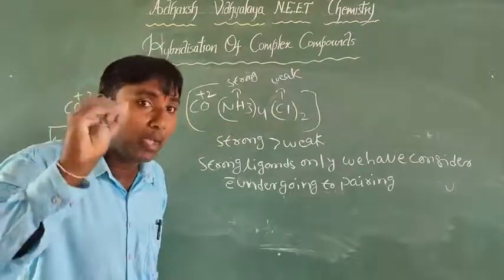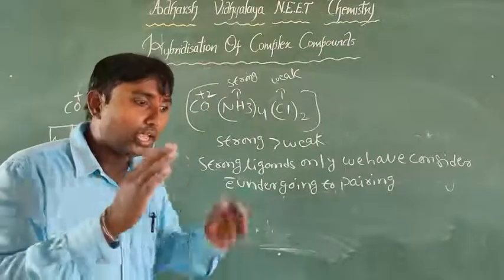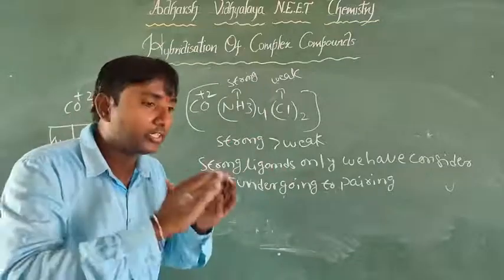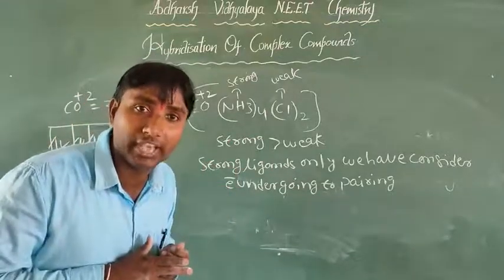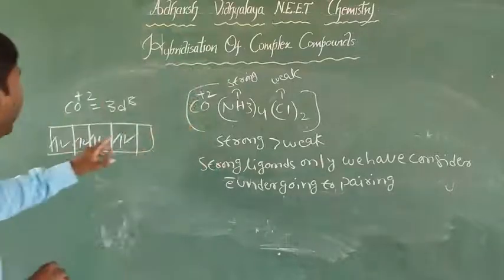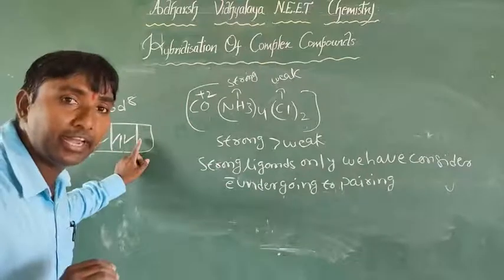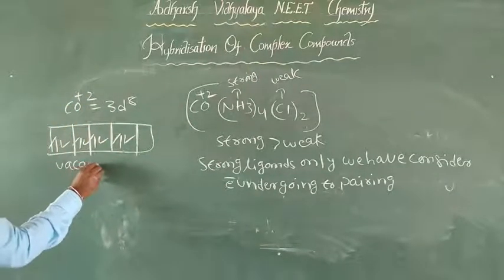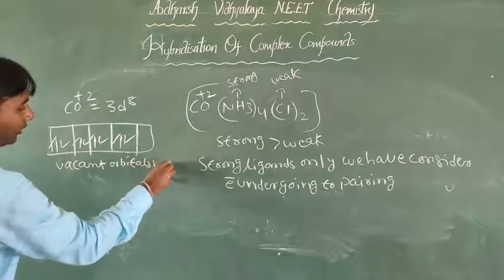So remember one important point: in hybridization, only 3d is involved or only 4d is involved. 3d and 4d are never involved together. That's why the 3d subshell does not have enough vacant orbitals.